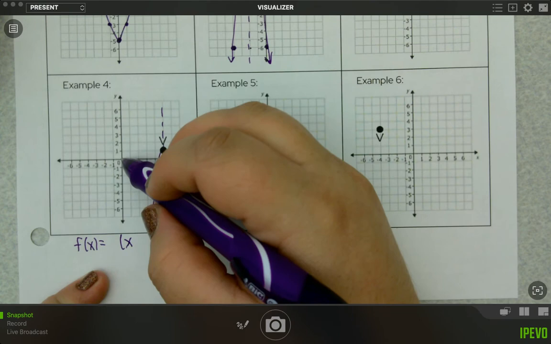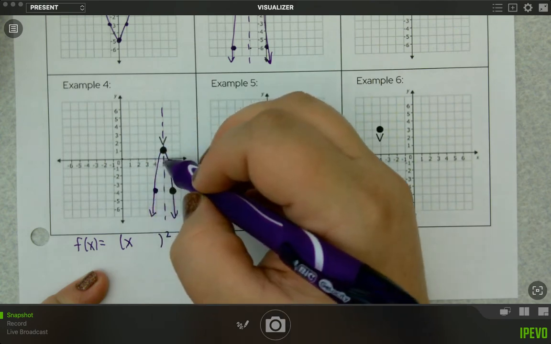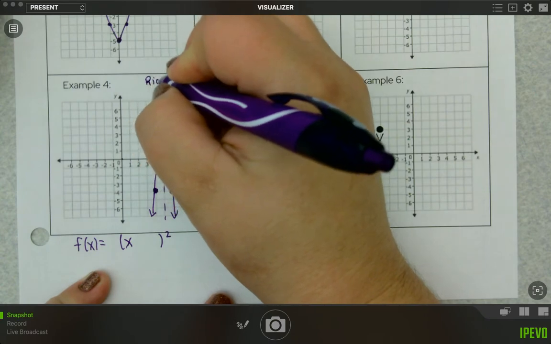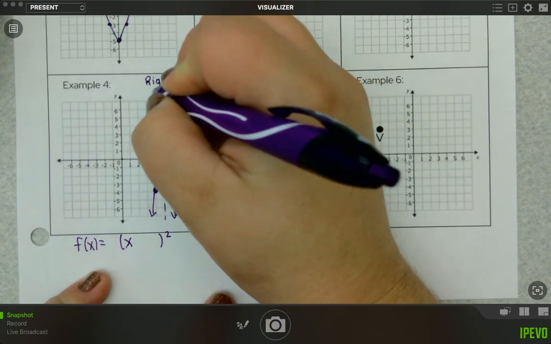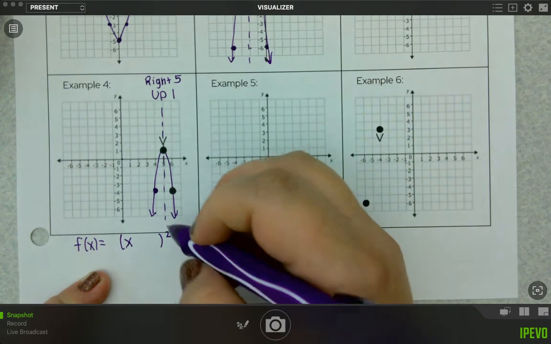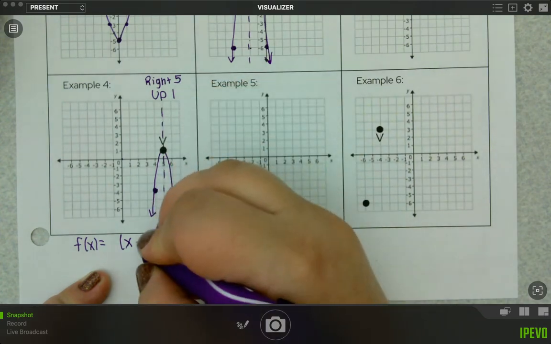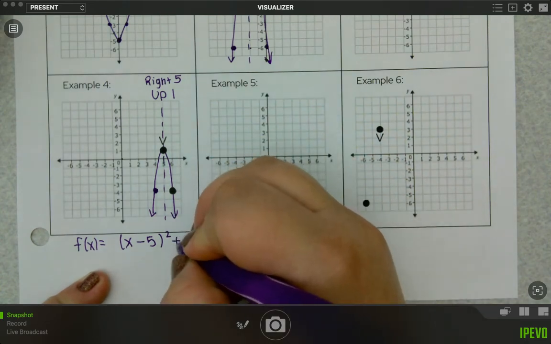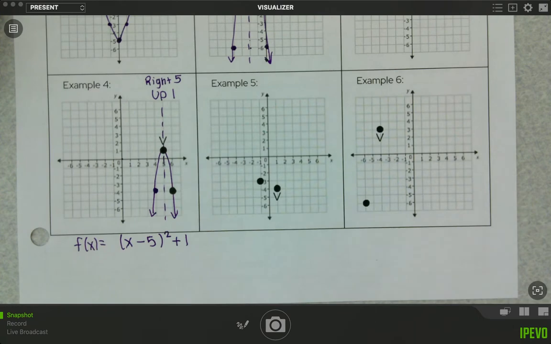It's supposed to be here, so we've gone to the right 5 and up 1. Right 5 is going to be a minus 5 inside. Up 1 is going to be a plus 1 on the outside. And those two parts should be fairly easy to set up.